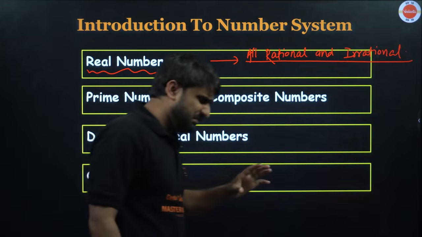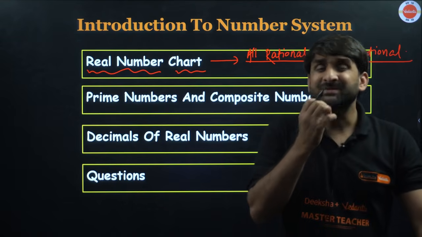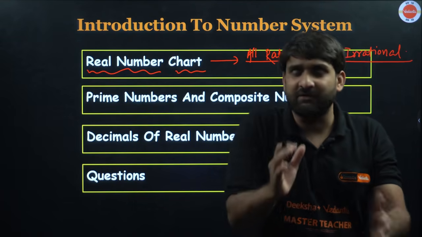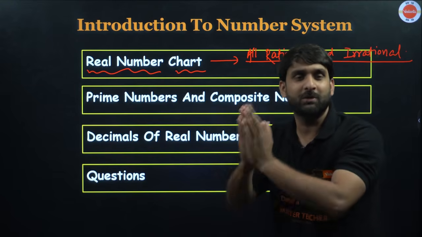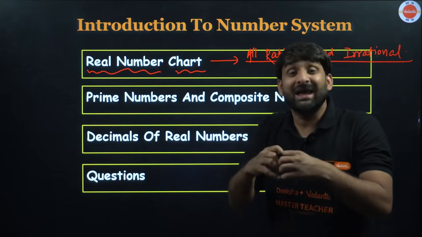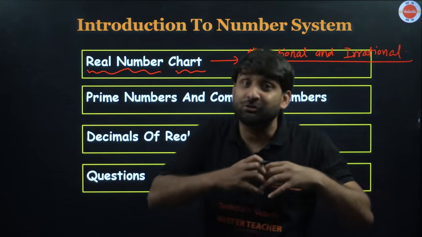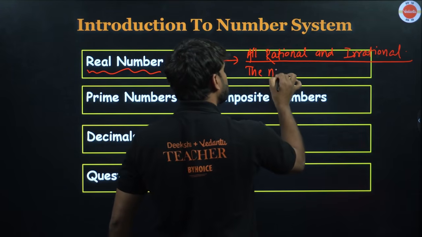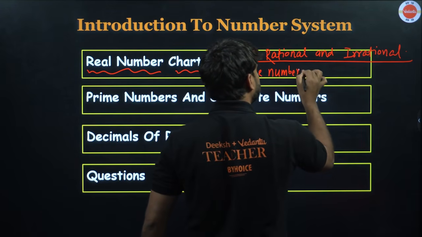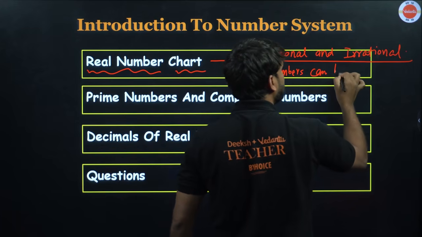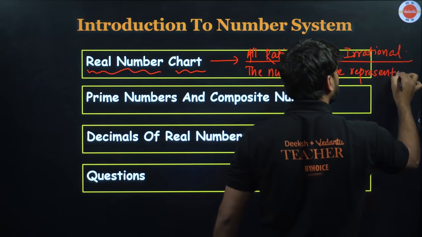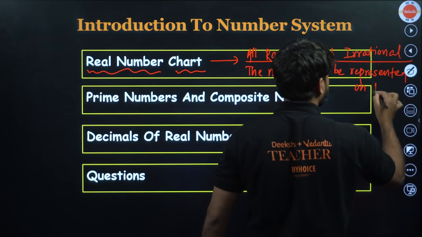Simply put, a number whose existence is clear, whose existence we can see. Like if I write -5, -3, 2/3, 2/5, they exist basically. We can show these numbers on a number line. The numbers can be represented on the number line.